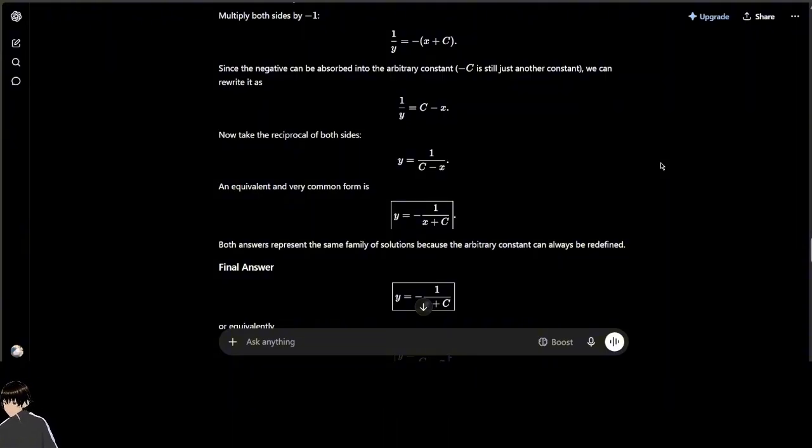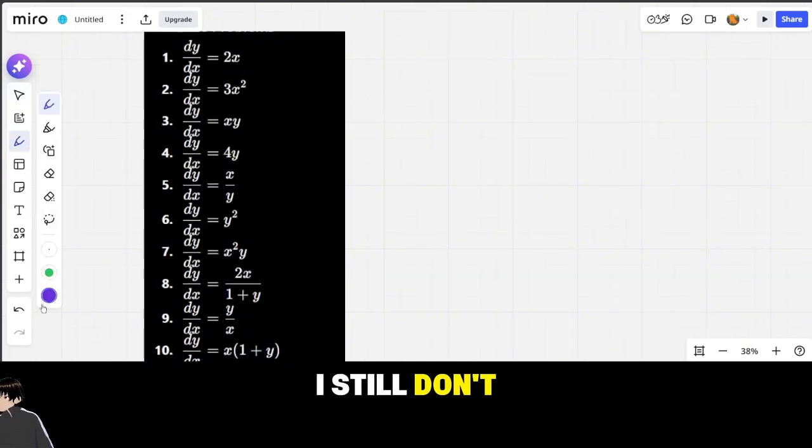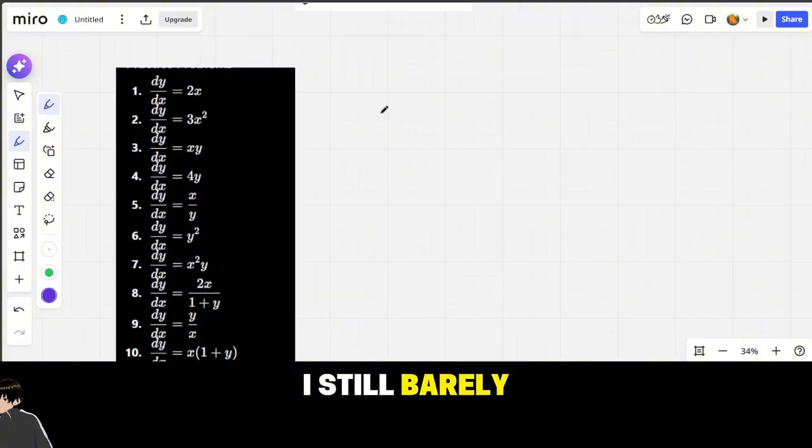Reciprocal of both sides. Okay, so I'm just going to do it by memory, but I still barely understand it.